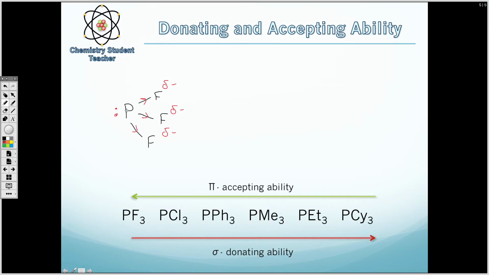And as we've got a lone pair here, you may think it's held in a particular orbital, but as you may know from molecular orbital theory and things like that, everything's kind of spread around a little bit. It's localized to one area, but there's a certain percentage that it will be in an area and other times it's not. So that electron density can be pulled away, therefore it's no longer a good sigma donor.